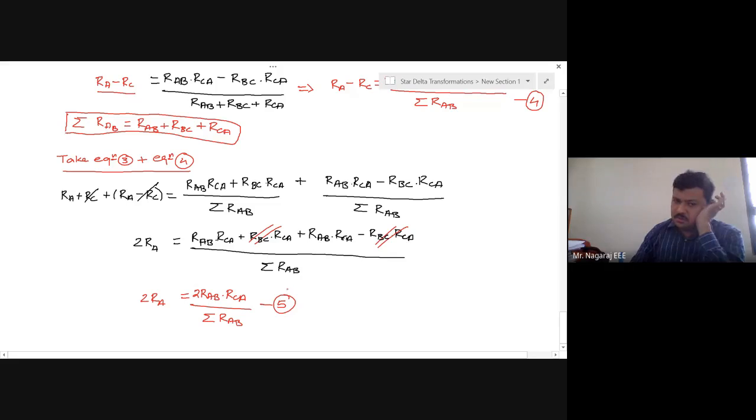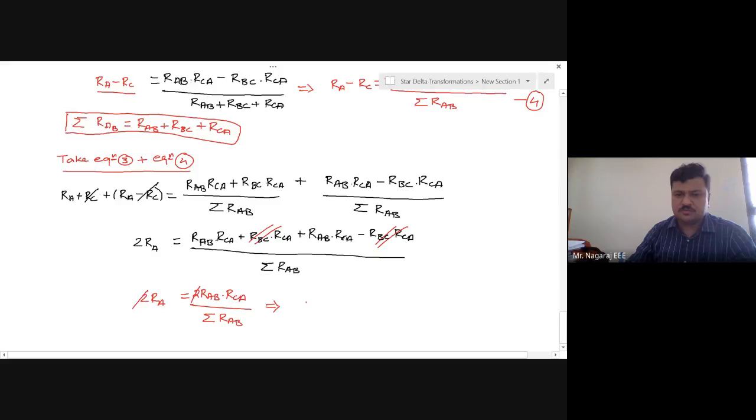Now, if I want to find out RB, then again I have to subtract 2 equations, then add 2 equations. So this will imply 2 and 2 will cancel out on each side.